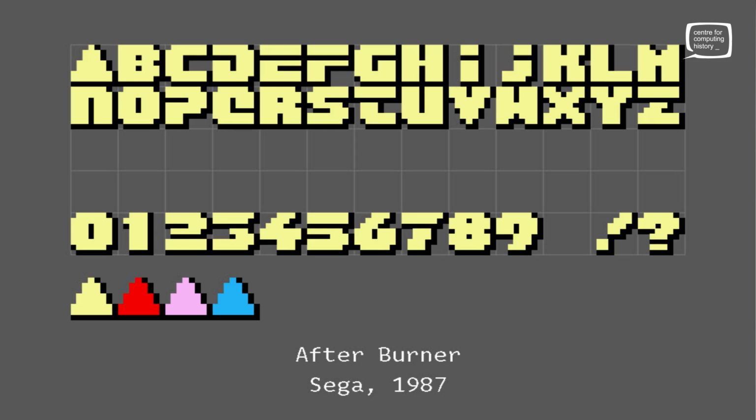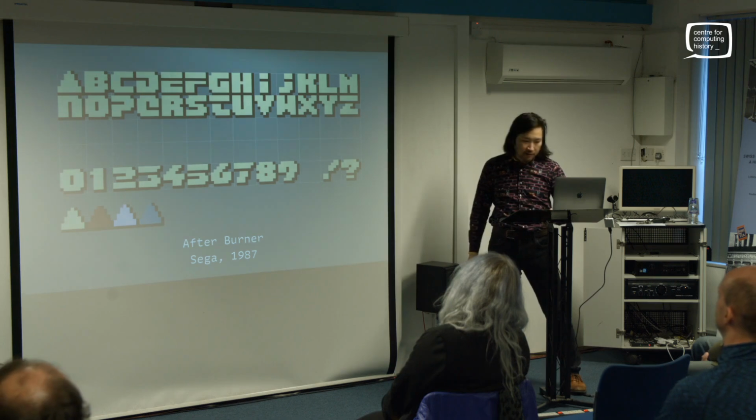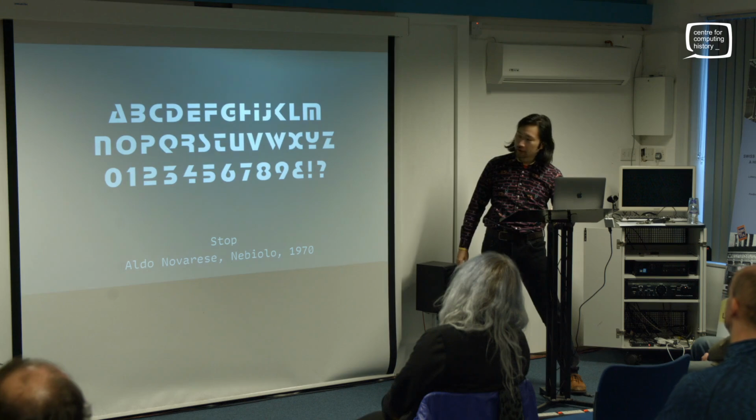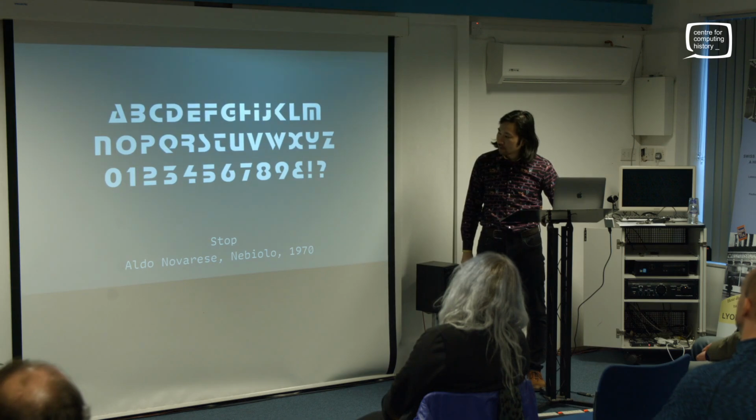Afterburner uses this really chunky looking typeface, which is actually an adaptation of the existing typeface called Stop. Stop looks like this. And the larger version is used in Alien Syndrome. So somebody at Sega was a fan of this typeface. It is a quite difficult design to adapt.